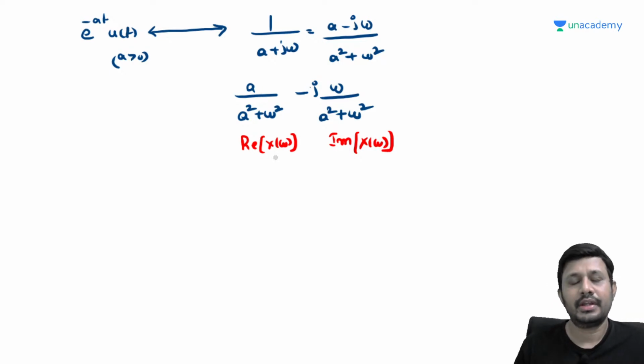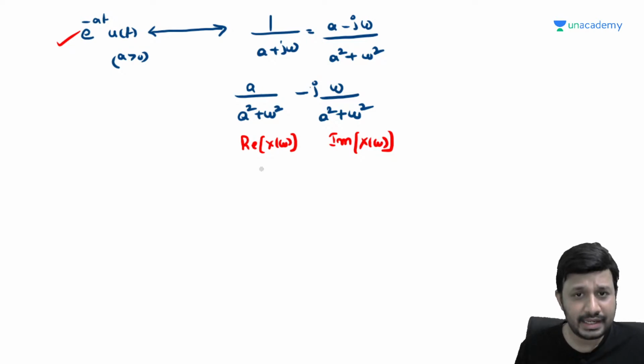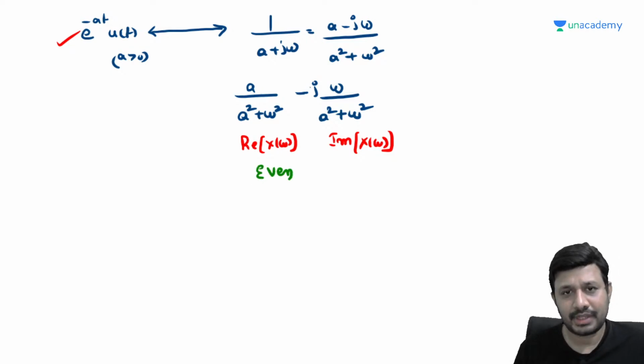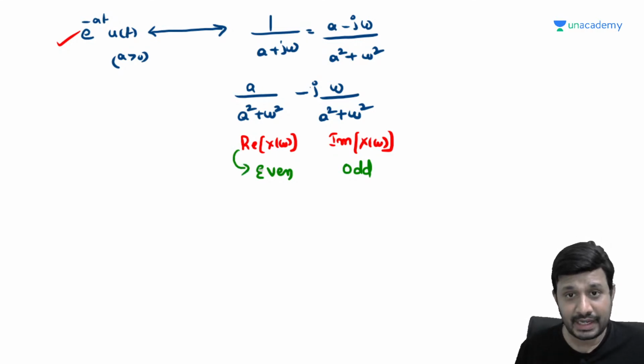Now I see the Fourier transform of a real signal as real part of X of omega plus imaginary part of X of omega, and always remember the real part of X of omega for any real signal is always an even function. A by a squared plus omega squared is an even function, whereas the imaginary part will be an odd function. Remember, take any real signal, calculate the Fourier transform, the real part of that Fourier transform will be even, whereas the imaginary part will be odd.